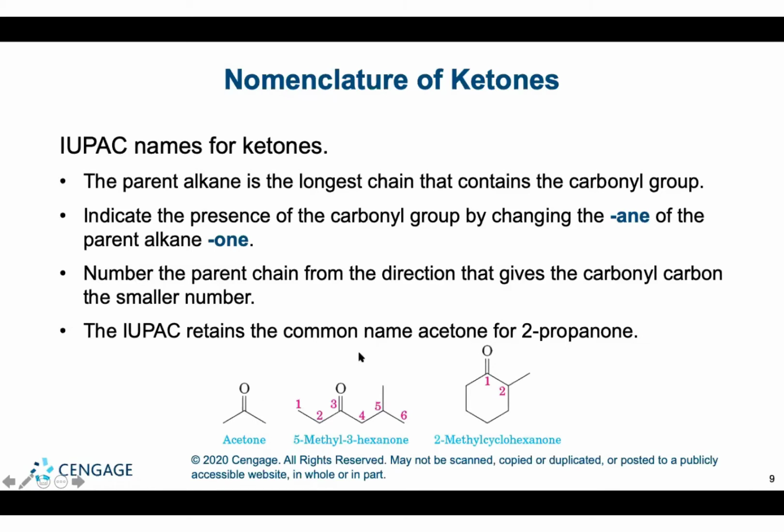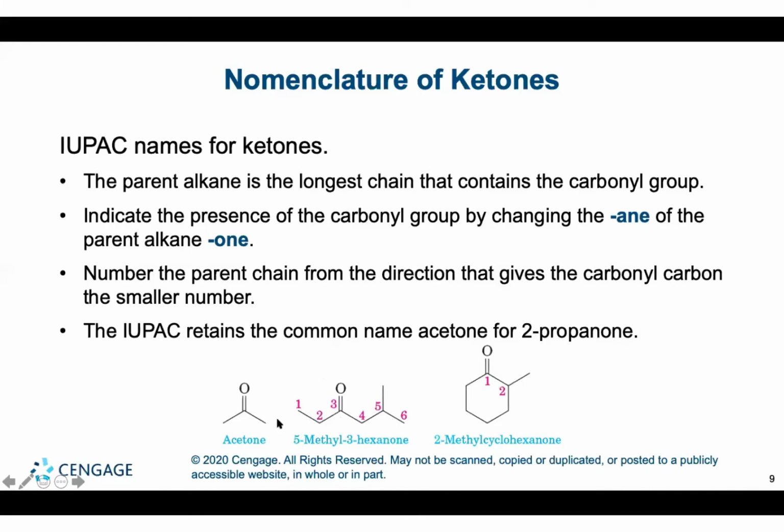What about this one, guys? From which side do you think I should start numbering? I should start numbering from the side where I reach the carbonyl group sooner. So it's going to be 1, 2, 3, 4, 5, 6. I cannot start numbering from the right. See, if I start from the right, it would be 1, 2, 3, 4.